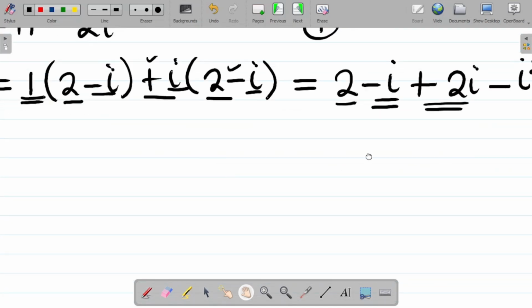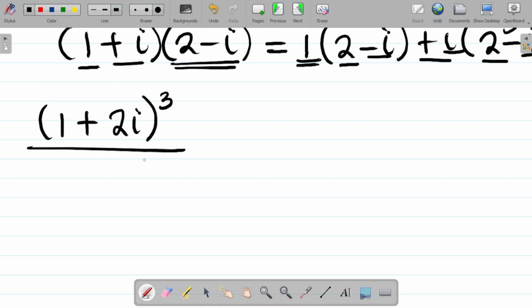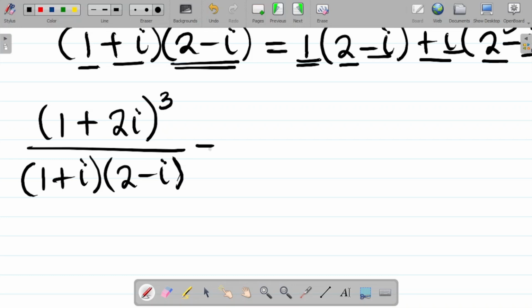This means that if I have the complex number (1 plus 2i) all to the power 3, all divided by (1 plus i) multiplied by (2 minus i), this particular complex number will be equal to, when I simplified the numerator, my answer was minus 11 minus 2i.